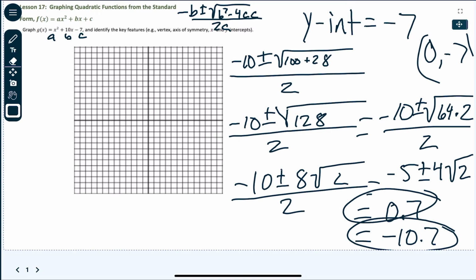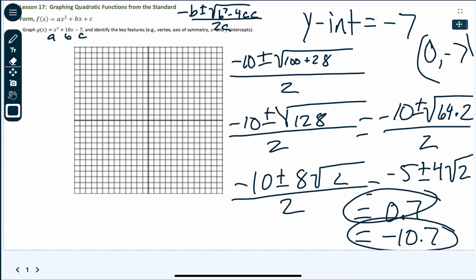Now, we can also tell something. I forgot about this. The standard form also tells us something else. What does it tell us? Sarah looked at the very end and told us the y-intercept. What if we look at the very front? Okay, it tells us which way it's opened up.